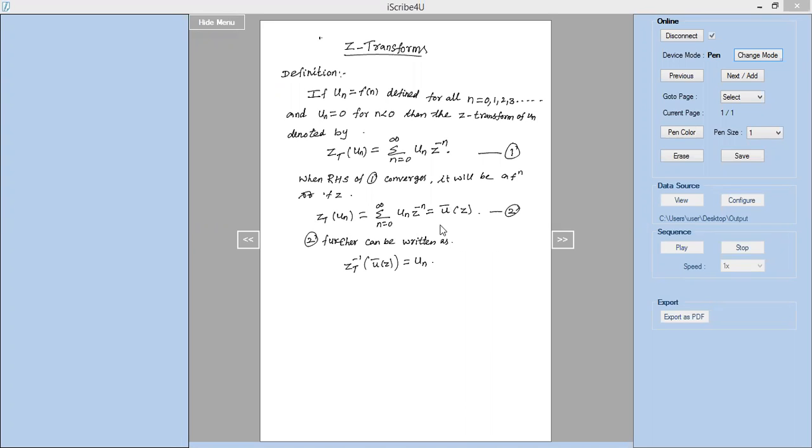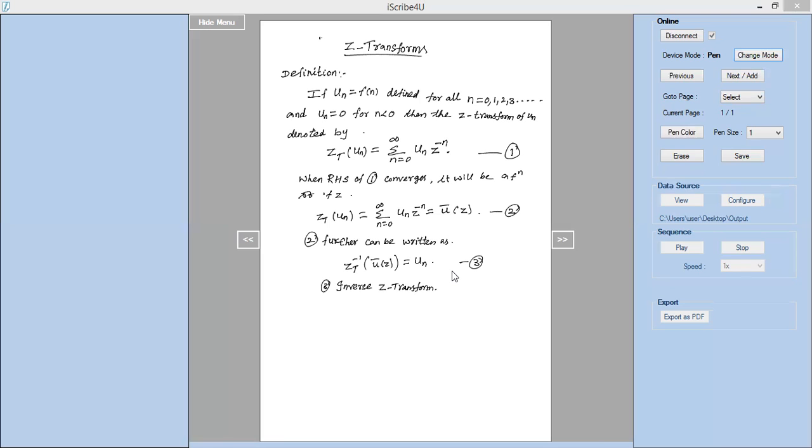If you take the inverse transform of u bar of z, you will get u_n. So these are the basic definitions of our Z transform and inverse Z transform. This is equation 3, for the inverse Z transform.